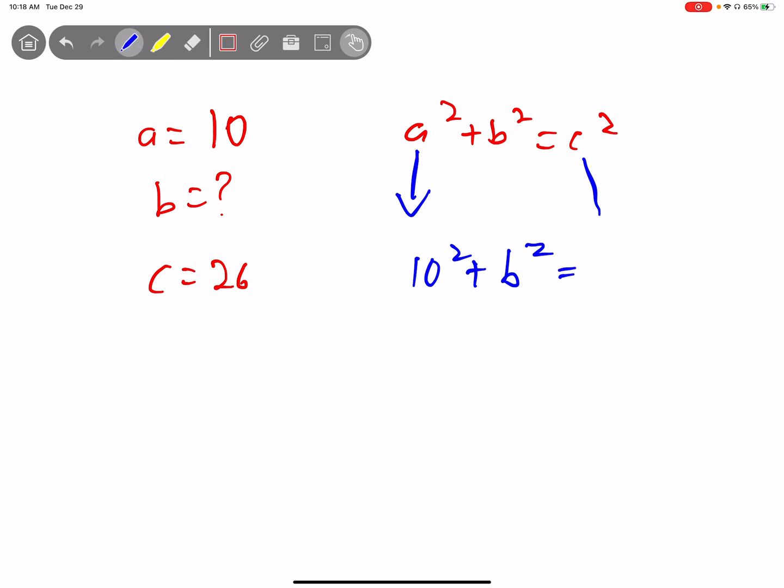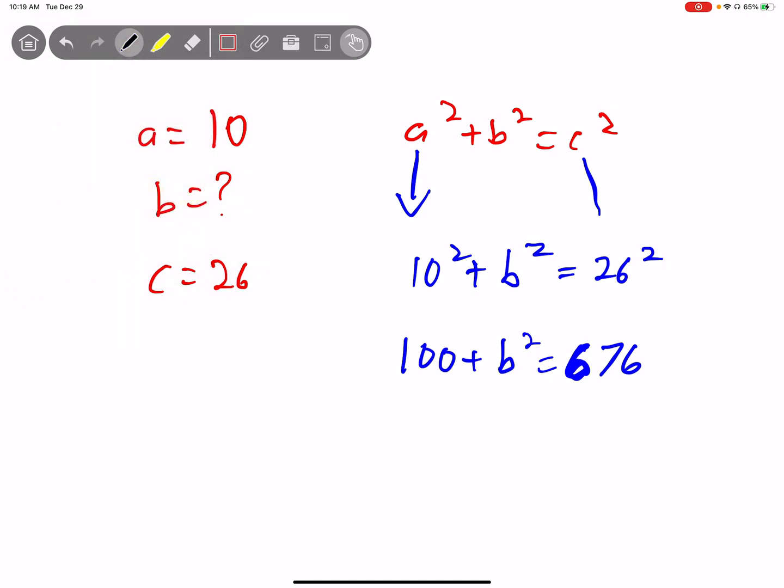I got too trigger happy with the pluses. C squared is 26 squared. 10 squared is 100, plus B squared equals 26 squared, which is 676. Now you solve this like you would a linear equation.